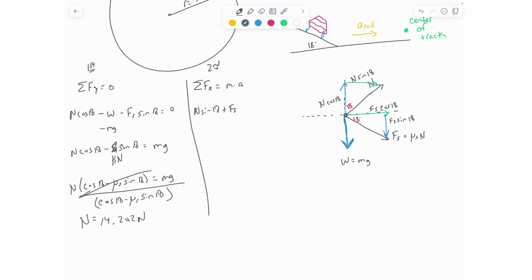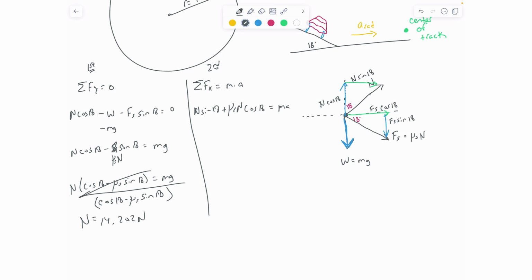We'll change fs to mu s n cosine 18 equals mass times acceleration. Right? And if you do all the math, you'll end up with A. You can just solve for A.